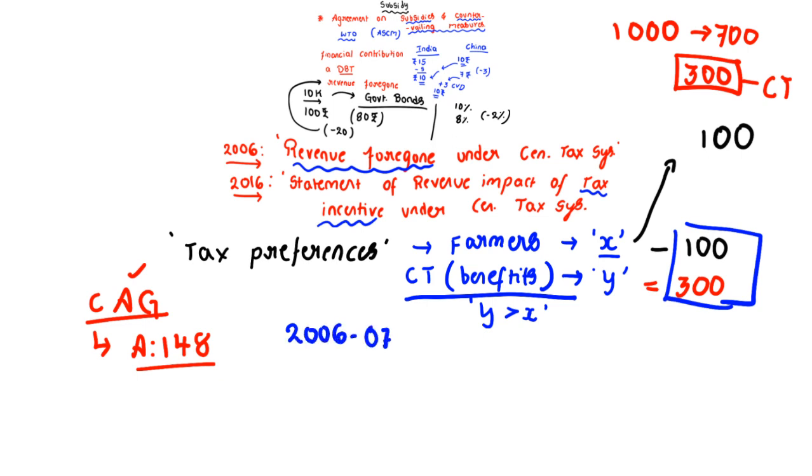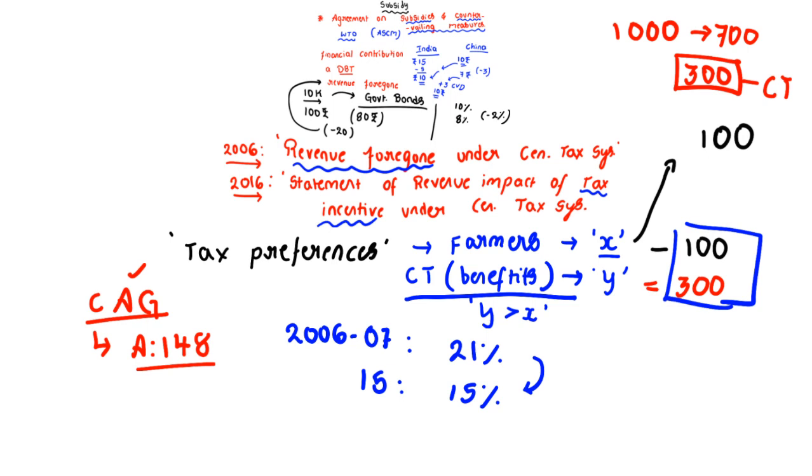in 2006-7 the revenue foregone by the government is of normally 21%, and this has come by the end of 2015 to 15%. Means if there is reduction in the revenue foregone, it shows that actually you are gaining more, right?